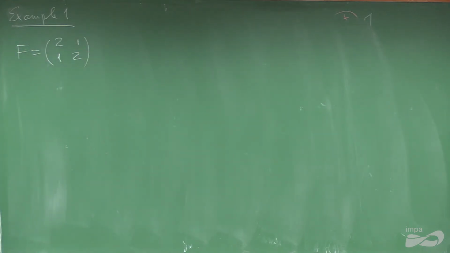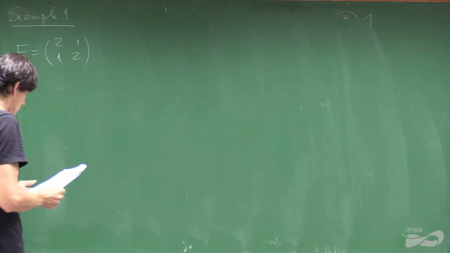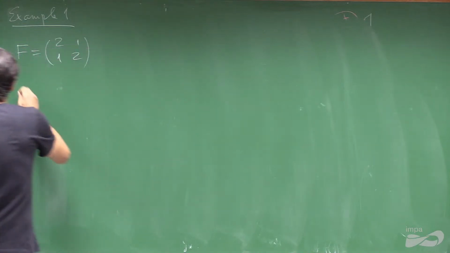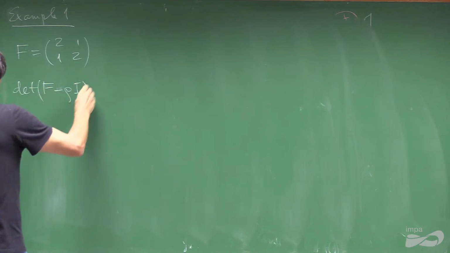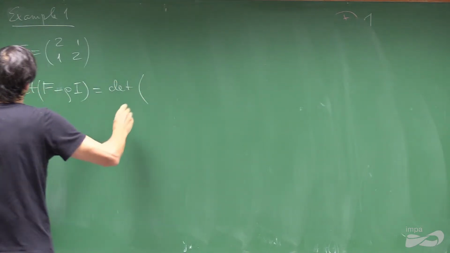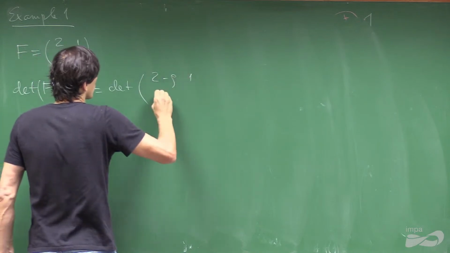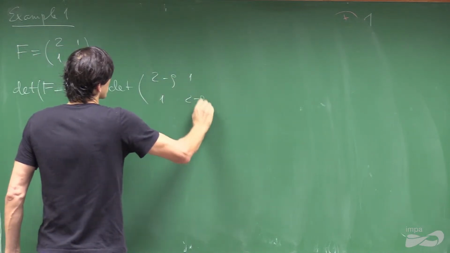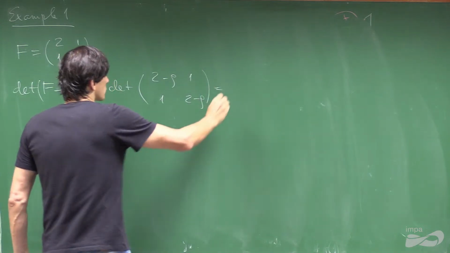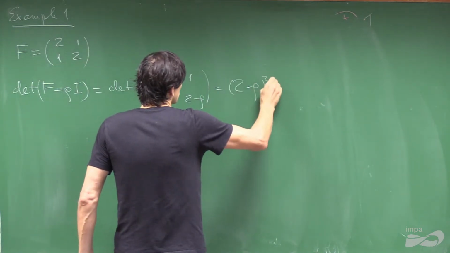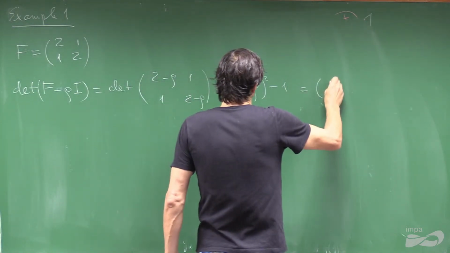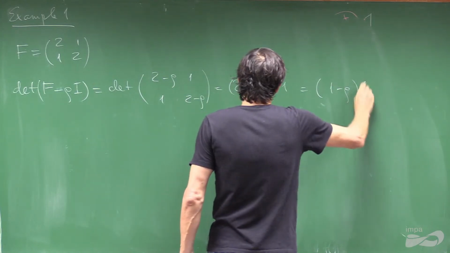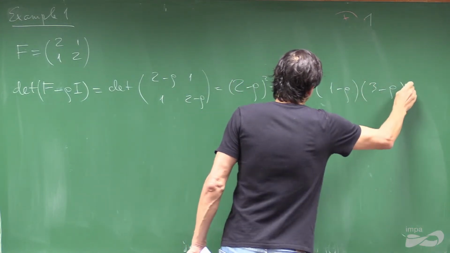So let's solve this discrete time equation which is iterated by this matrix. What we have to do is write the characteristic equation, which is the determinant of 2 minus rho, 1, 1, 2 minus rho, which is (2 minus rho) squared minus 1, which is (1 minus rho)(3 minus rho). And it should be 0.